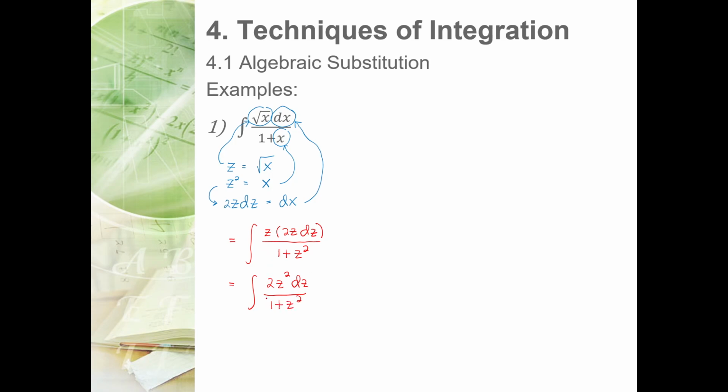Okay, so we can factor out your 2 outside the integral symbol. So you have z squared dz all over 1 plus z squared. Notice that if you compare it with the original equation, this simplified version is more tolerable to handle.